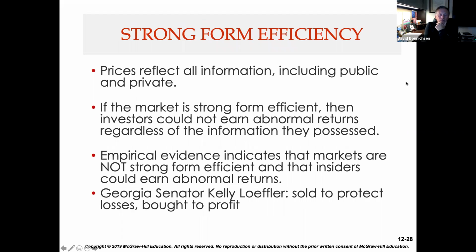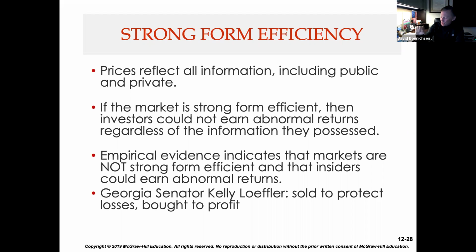So the next 3 slides, we're going to go through the 3 different types of markets. The first form is called strong form efficiency. In a strong form efficient market, you would believe that the prices in the market reflect all of the information that exists about that business, public and private.